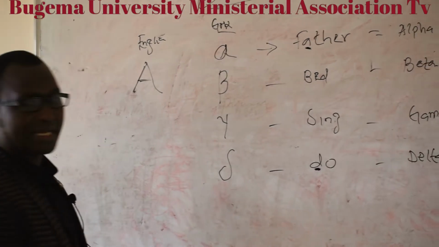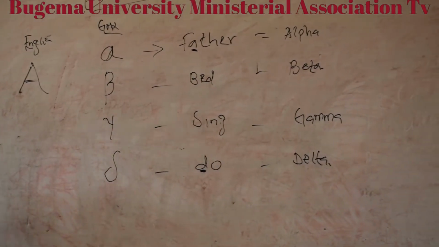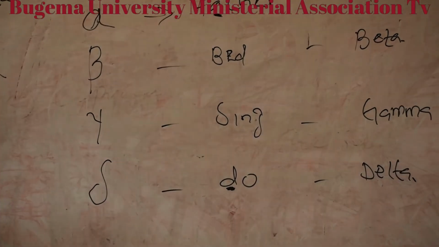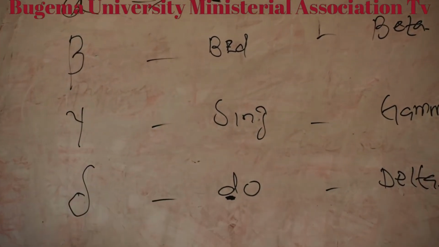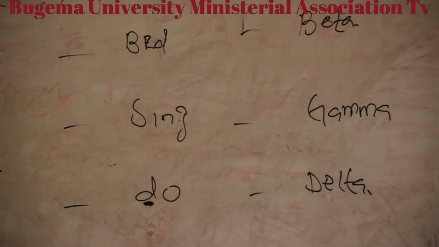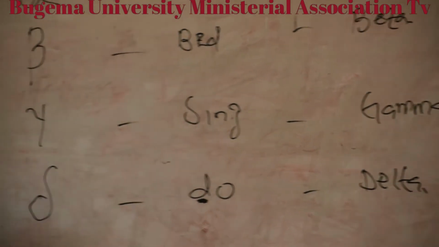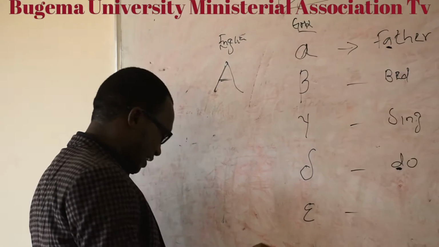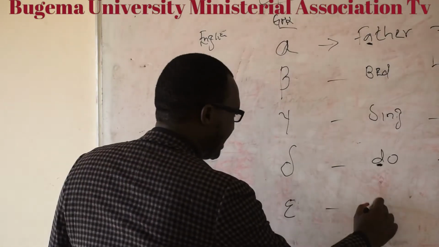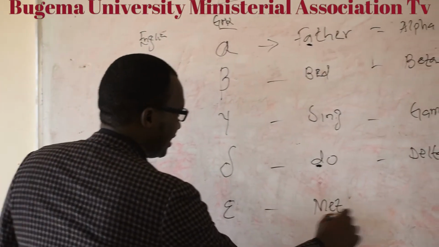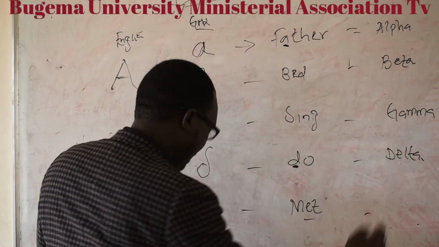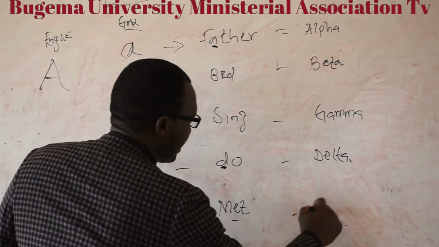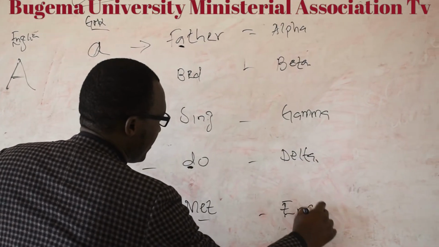But right now we are in Omicron. We want to see where we will find Omicron in the alphabet letters. Remember, we are doing the alphabet letters. We go to another alphabet letter, which, if you want to pronounce that one, is like met in pronunciation, but in the Greek understanding, you can only say it as epsilon.